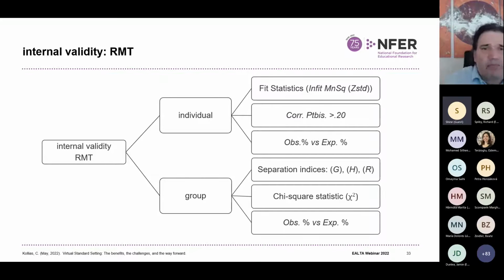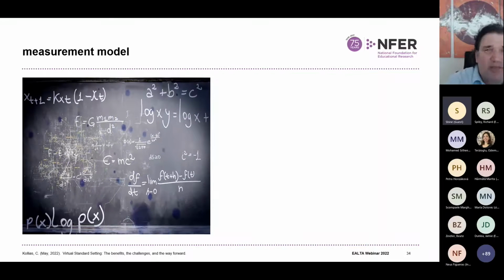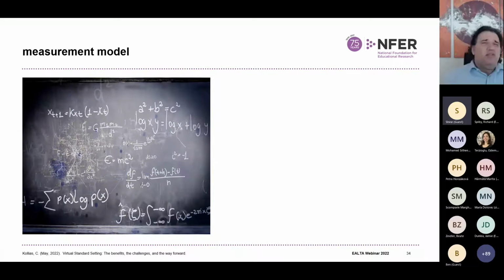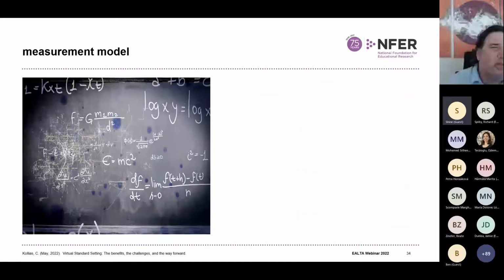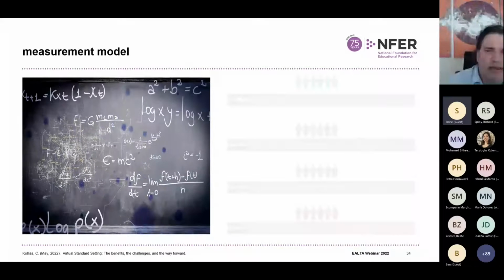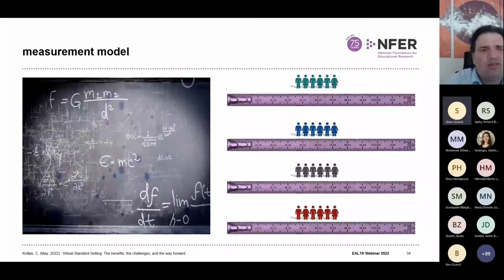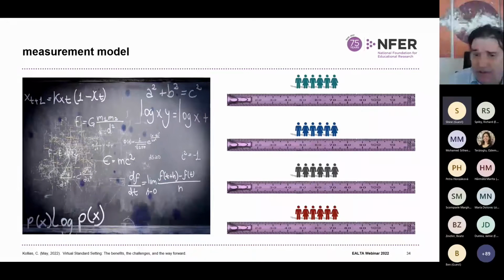So I'm fine. I've decided that I've got a framework for my internal validity, both CTT framework and Rasch measurement theory framework. Now, my measurement model, I said, okay, I'm going to use Rasch, and I need to think about this a bit more, because what I need to do is make sure that all the groups are on the same scale, because I'm using 4 different groups twice, 2 sessions per group.